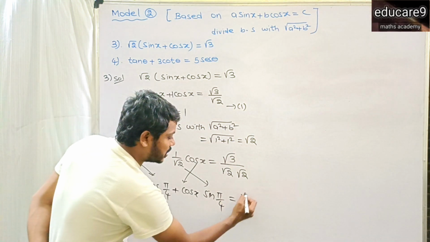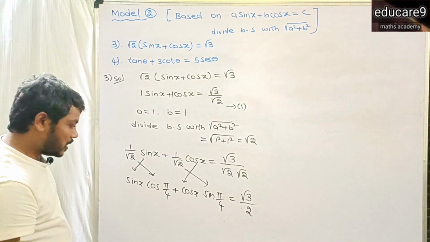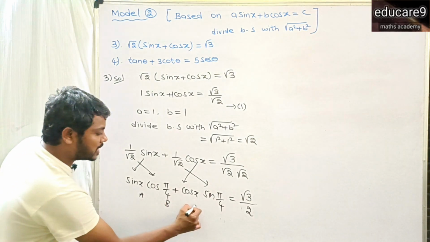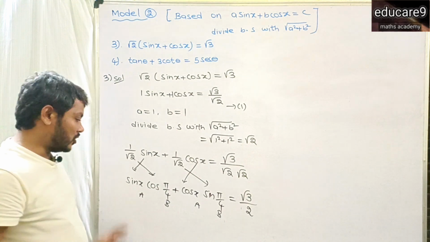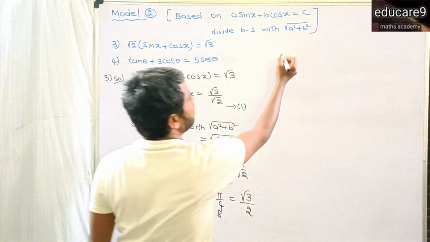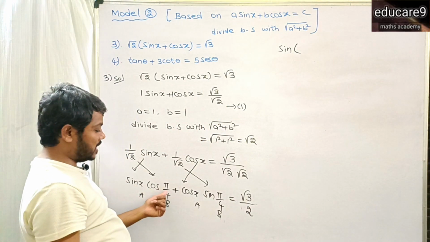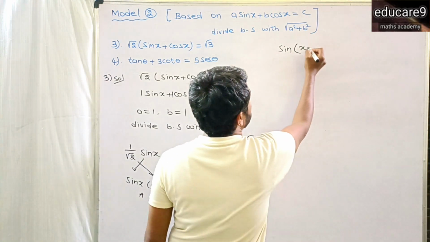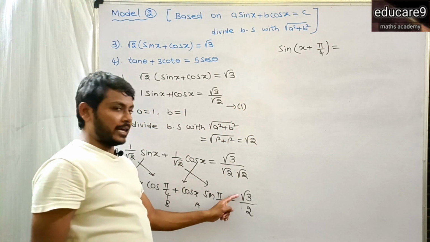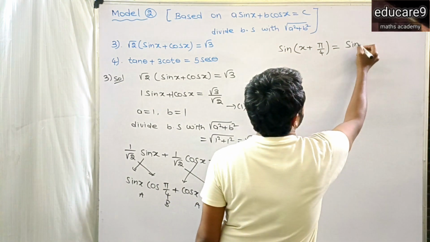Now clearly which is of the form sin A cos B plus cos A sin B. We know that sin A cos B plus cos A sin B is sin of A plus B. So which is sin of A, x and B is pi by 4. That is x plus pi by 4, which is equal to, write root 3 by 2 in terms of sin, that is sin 60.